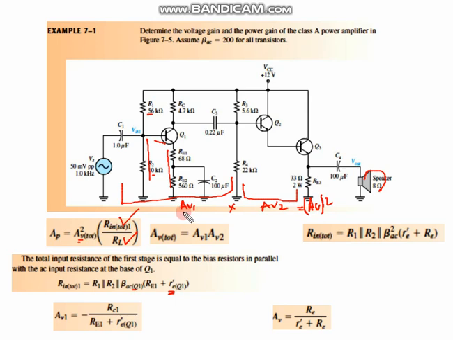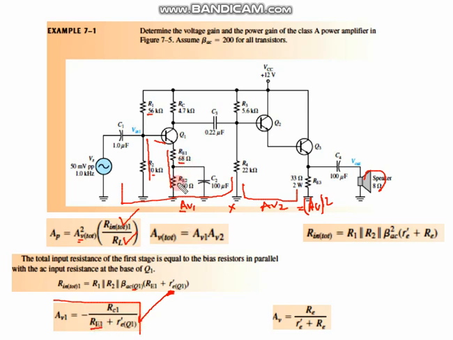So what is the gain of the common emitter amplifier? The gain is defined by this equation: RC1 divided by RE1 plus RE prime. RE prime is already determined, so put this quantity over here. RE1 is 68 ohms.